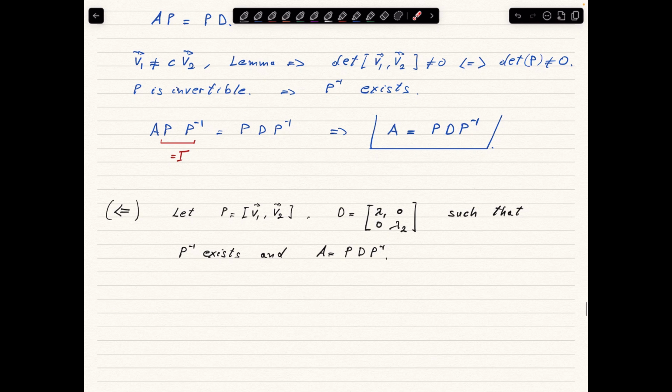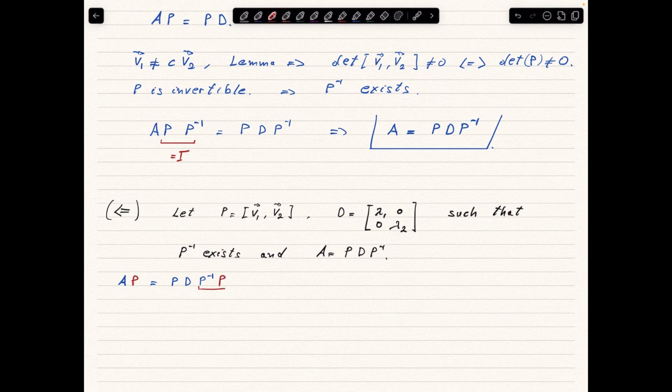Okay, so let's start with the equation that we have. The equation we have is A equals P D P inverse. So let's multiply by P on both sides.